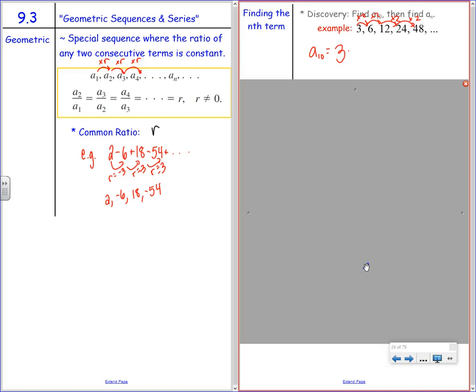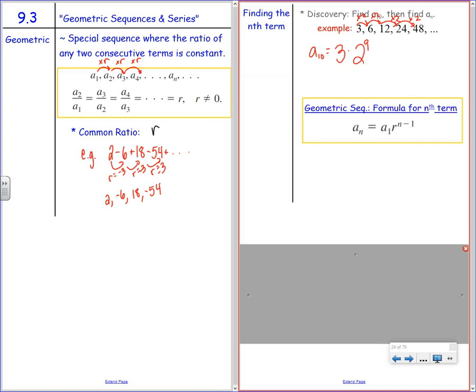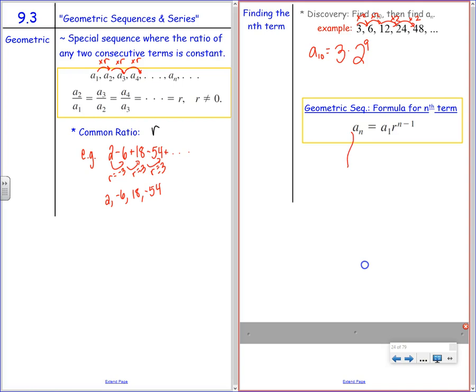Does that make sense? Okay, 9 jumps. But wait a minute. How do you write times 2 times 2 times 2 9 times quickly? Not squared, but you have the right idea. 2 to the... Use exponents. Does it make sense why the formula is what it is? The nth term, you start with the first term.